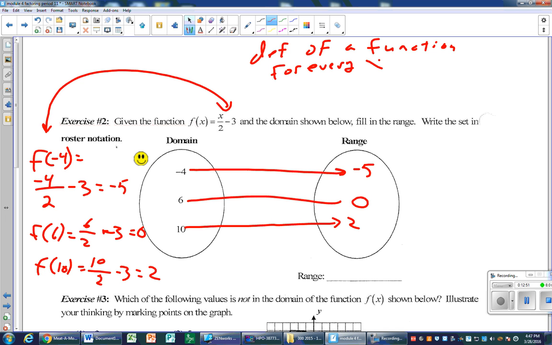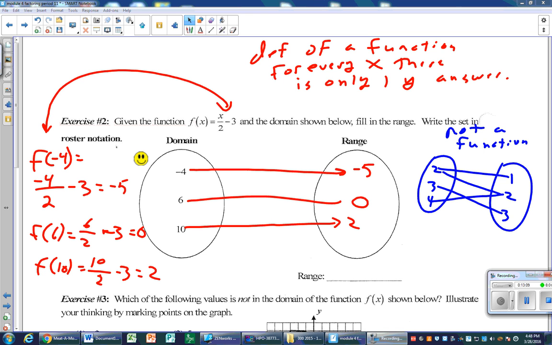For every x, there is only one y answer. What if there's two y's? Then it's not a function. You don't have to write this down, but I just wanted to show you why this is not a function. Okay, 2 goes to 1 and 2.